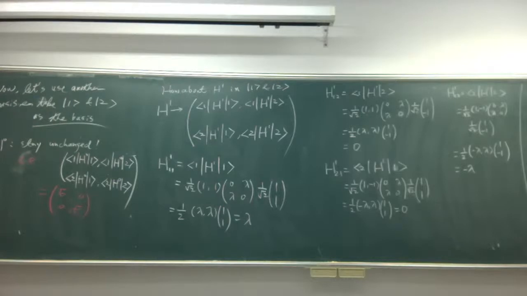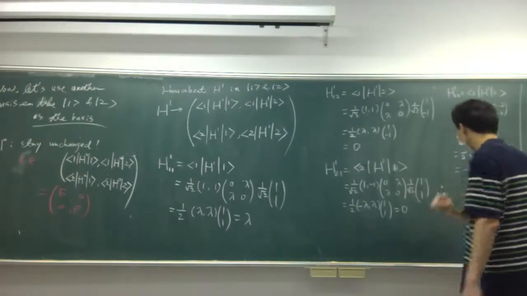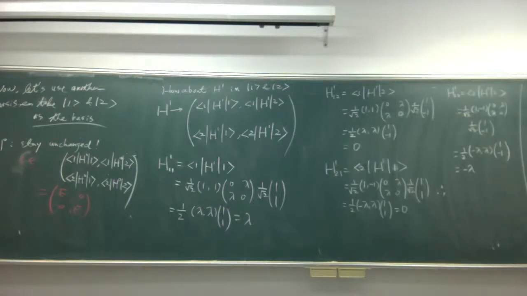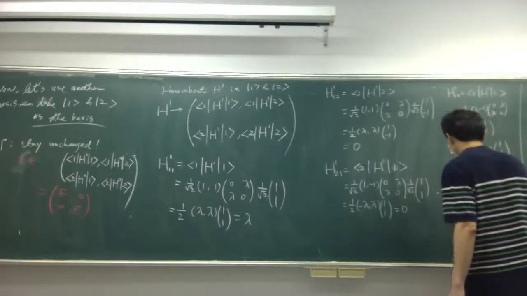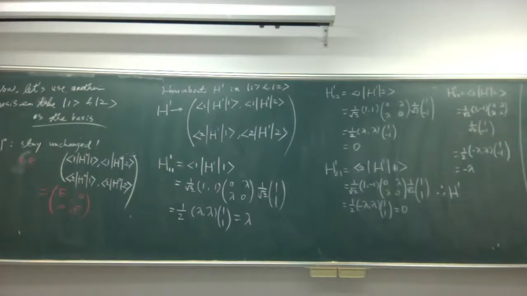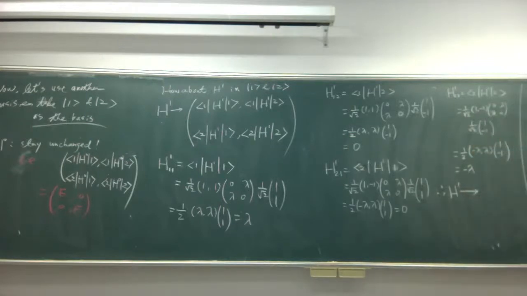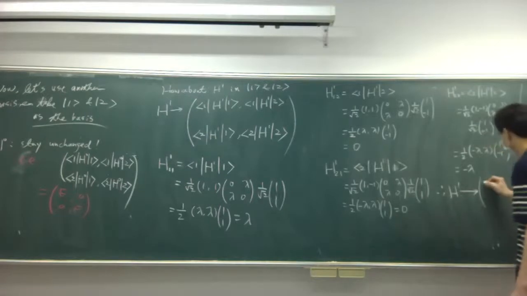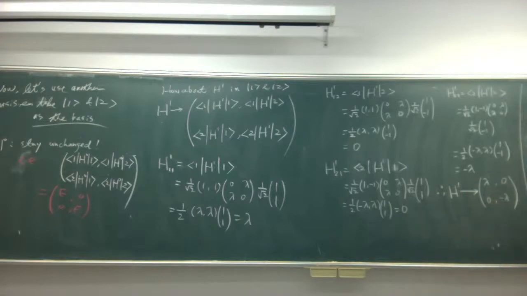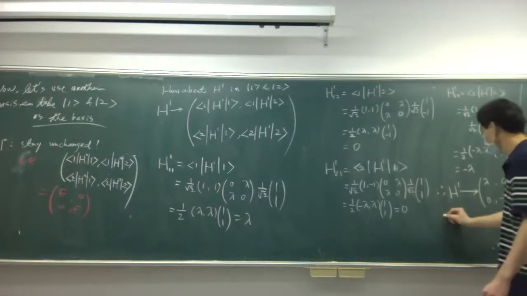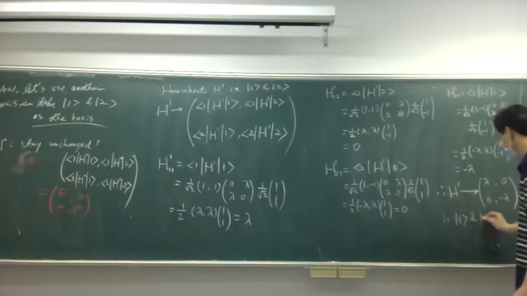OK，那你22的这个 component 得到是负的 lambda。So finally my H1, this perturbation in this |1>, |2> basis, goes to lambda 0, 0 minus lambda in the |1>, |2> basis.